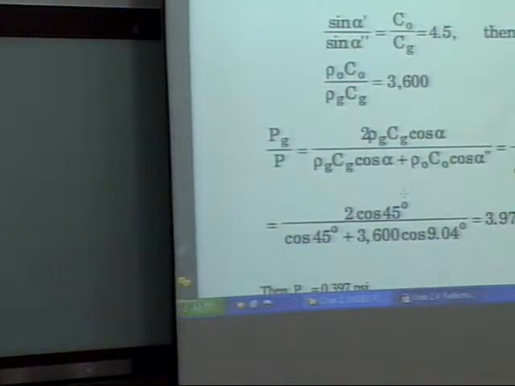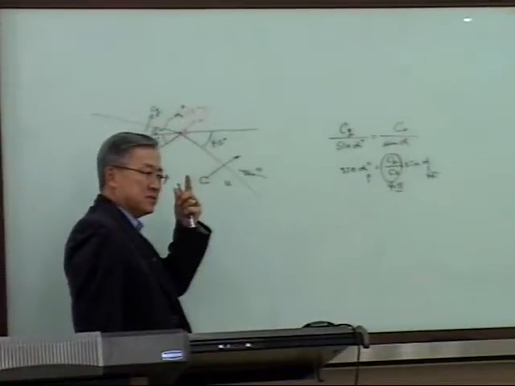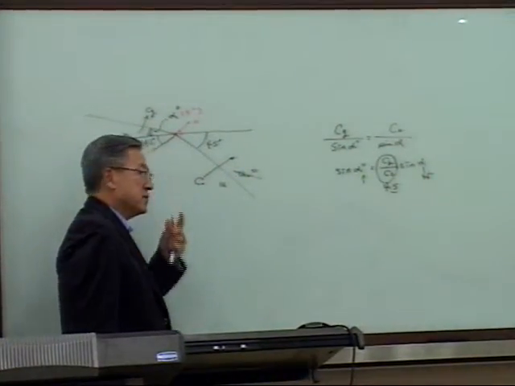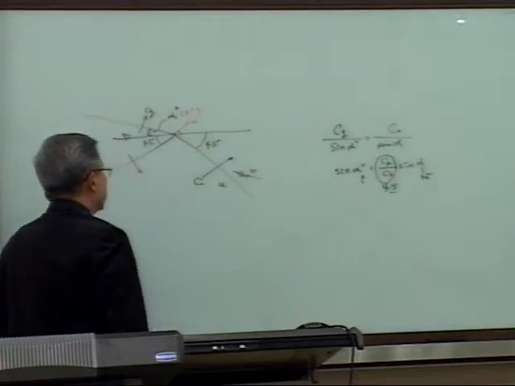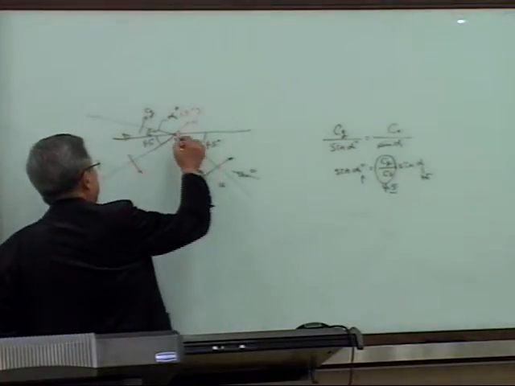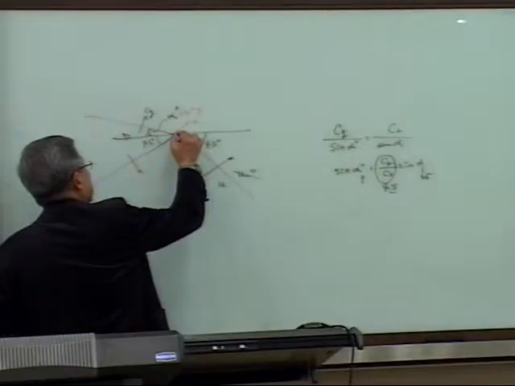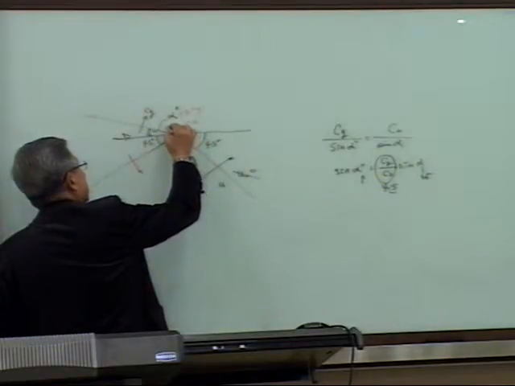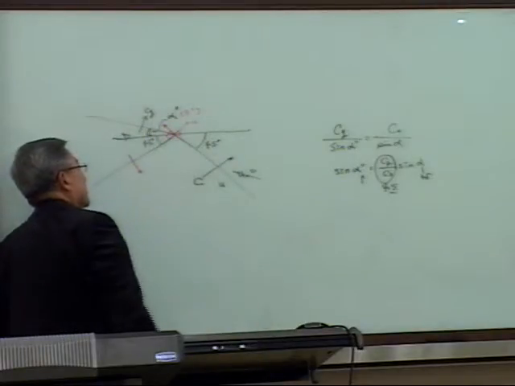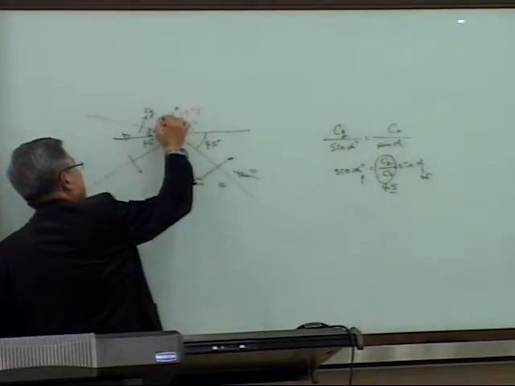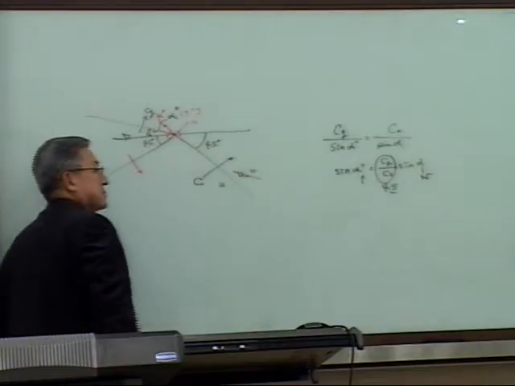So by common sense first, then you have to learn the engineering-based approach. So this is this way, this is U, 90 degree. I'm going to say that this is U prime.